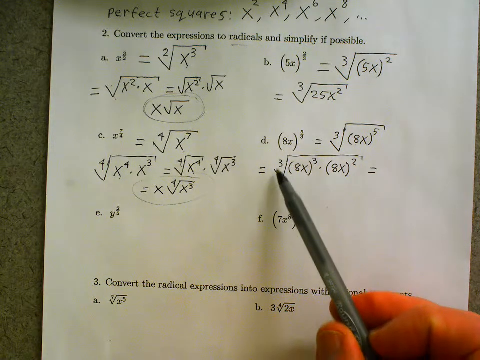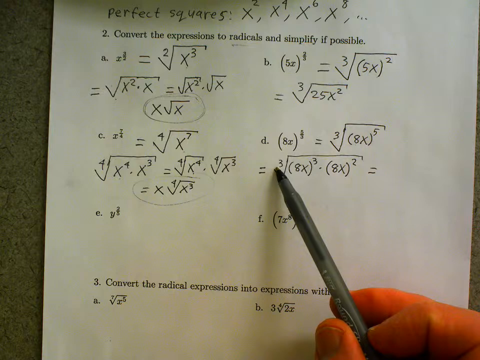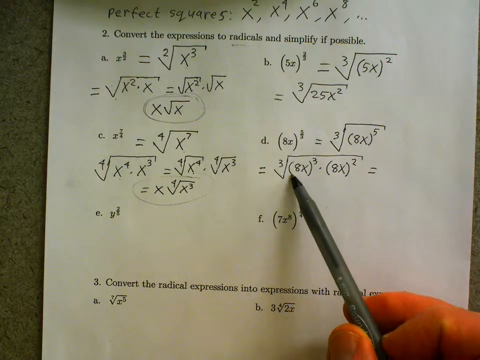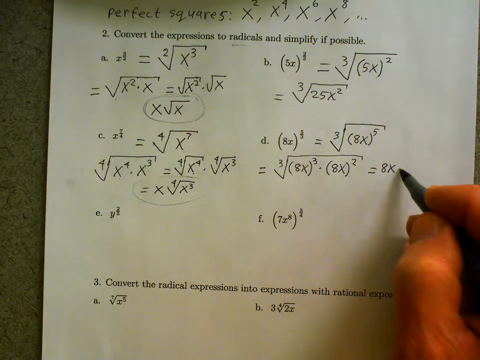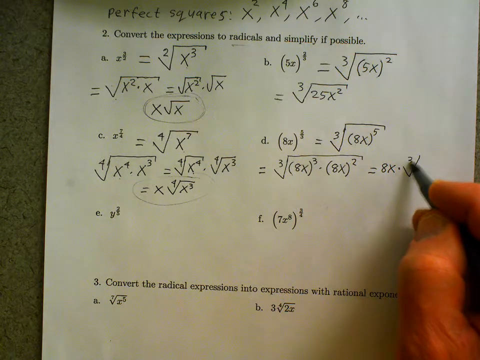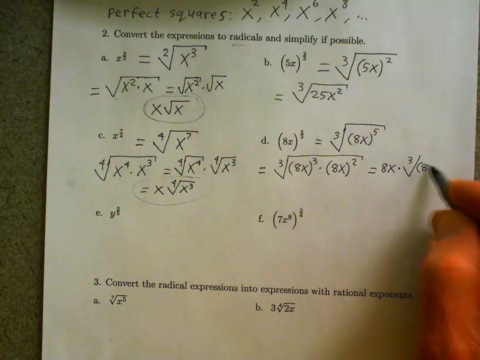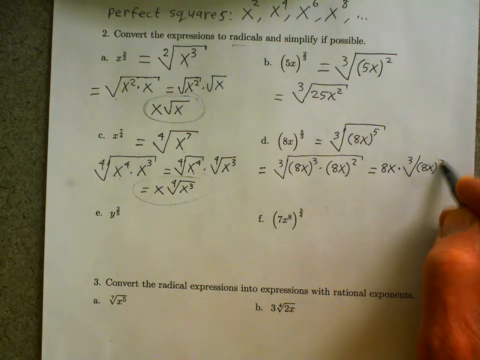And then the cubed root of the term 8x to the 3rd is just 8x, which we multiply by the cubed root of the term 8x in parentheses to the 2nd.